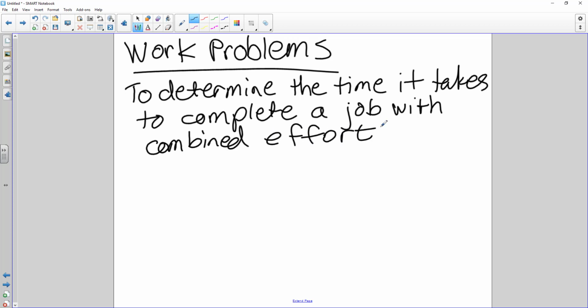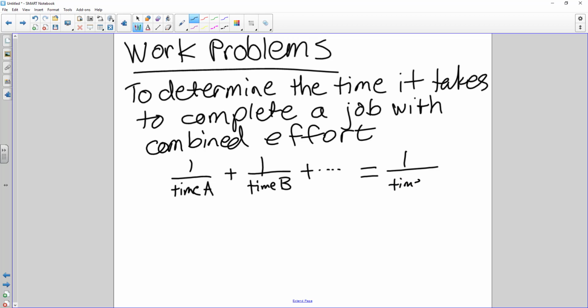So one way to look at this with a formula is 1 over time A plus 1 over time B plus dot dot dot, if there's multiple things that we're combining to work together, equals 1 over time together.